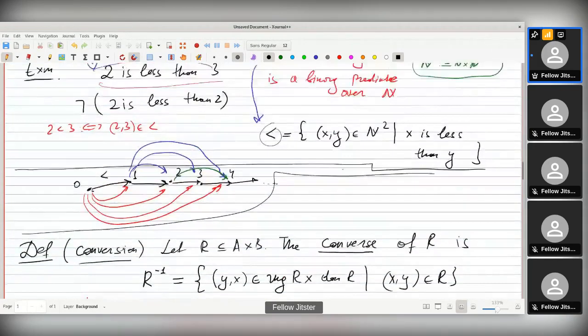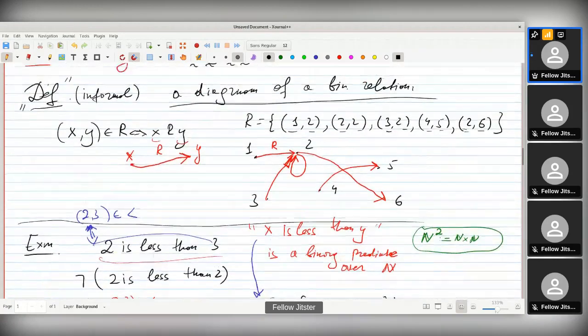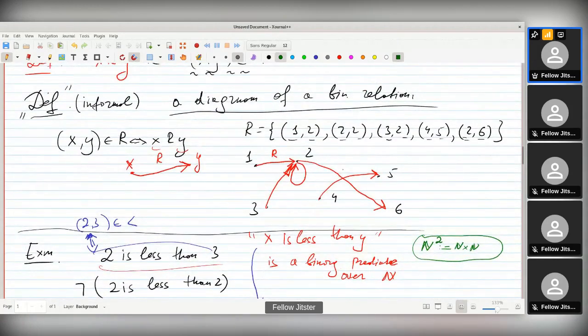Let us see what we can have in our examples. What is the converse of this relation R? You should swap 1 and 2 in the first pair. So the first pair of the converse relation is just 2, 1. What about this one? This will transform into 2, 2.